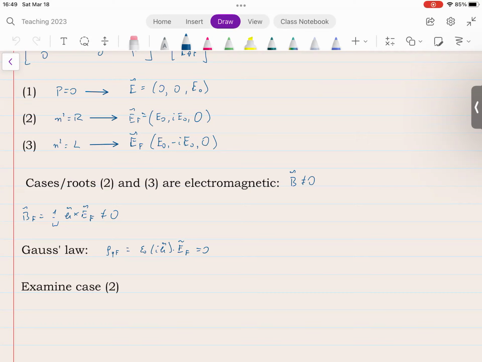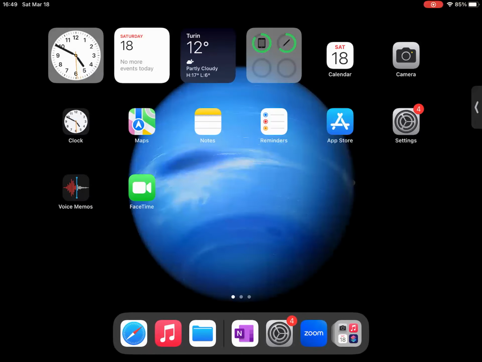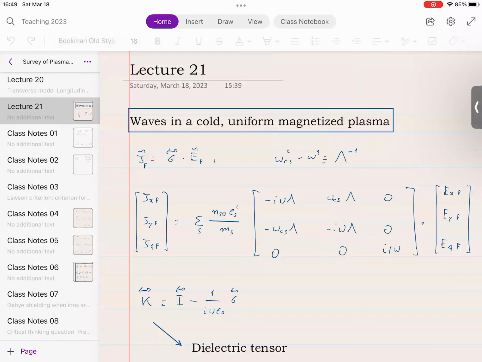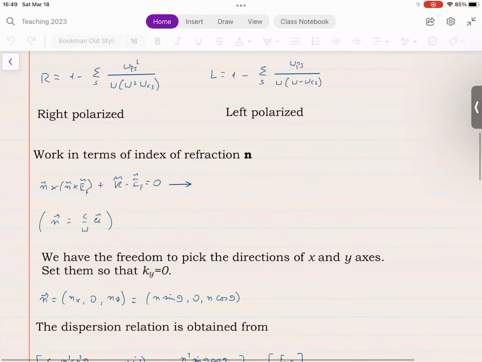Now, in this case, n squared is equal to R. And as I'm not going to do it, minus n squared is, okay, I don't know what happened to my technical problems.